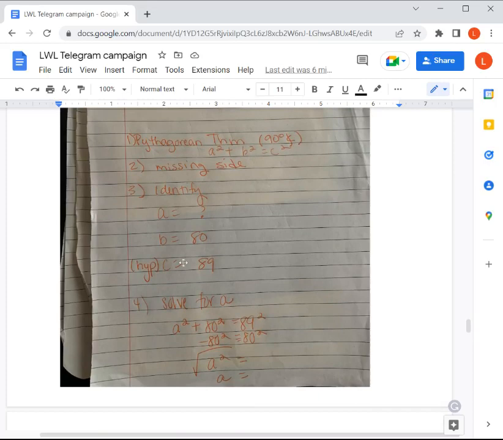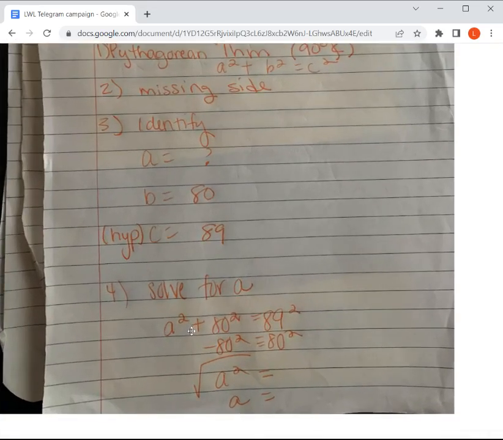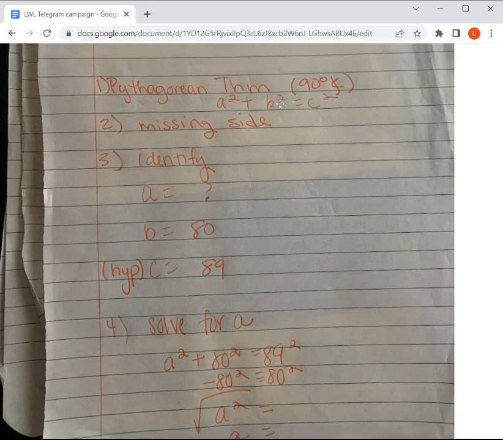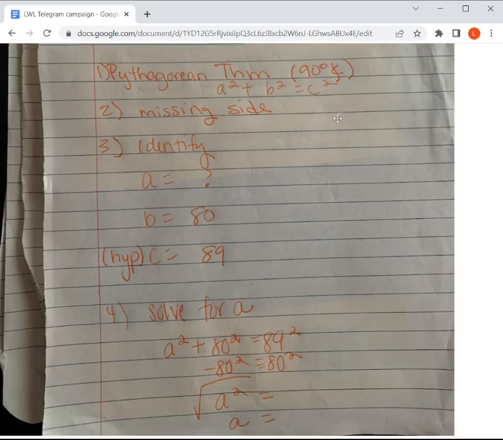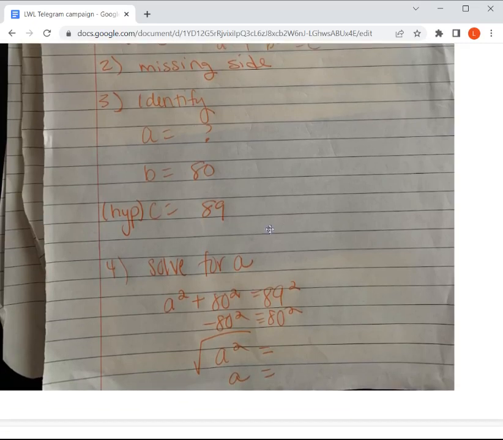So this is what we're trying to solve for. We'll use our Pythagorean theorem, a squared plus b squared is c squared. That's an equation you'll have to memorize, and once you understand these steps, it's easier to memorize. So I'll replace my b squared with 80 squared, and I'll replace the c squared with 89 squared.